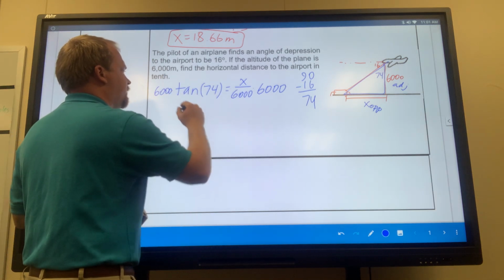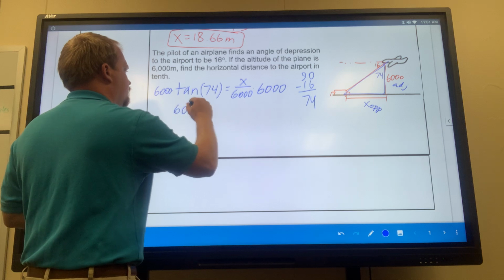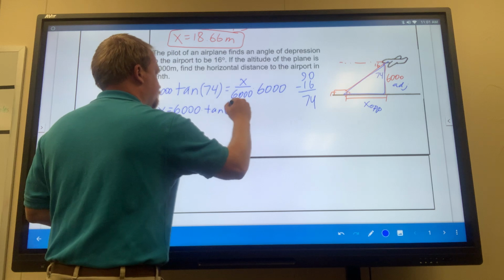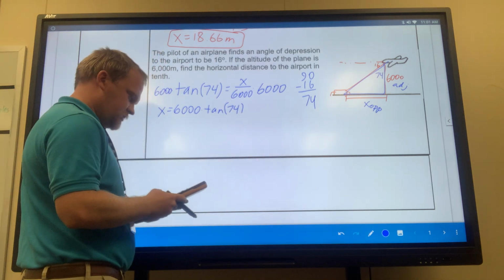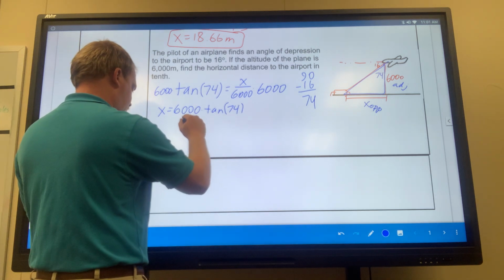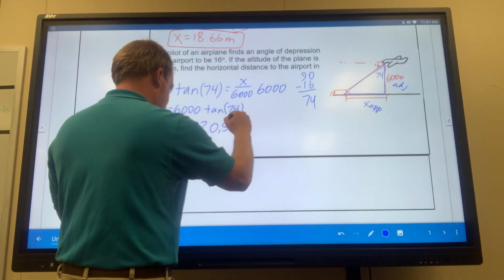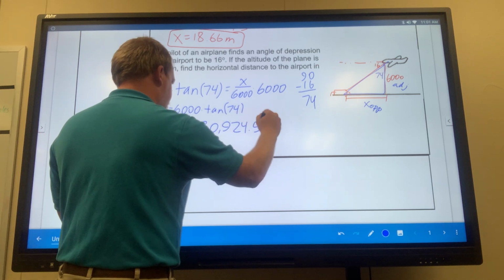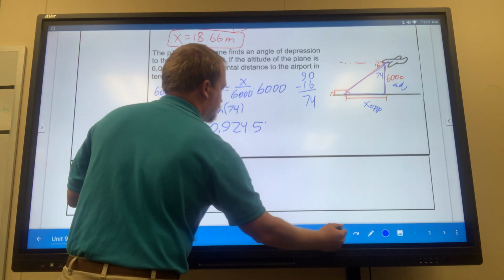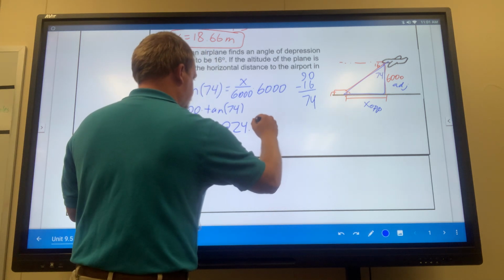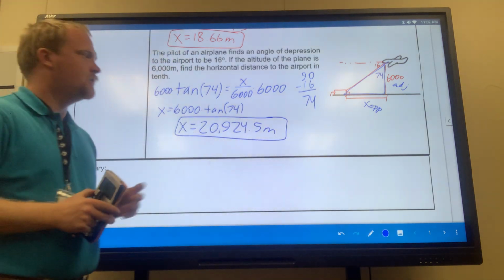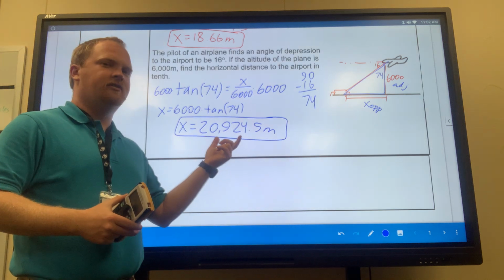So 6,000 times tangent of 74 equals x. So 6,000 times tangent of 74 will give me 20,924.5 meters away. And that's how I find the distance.